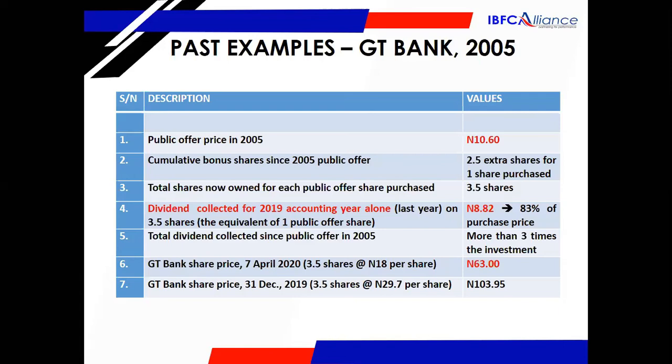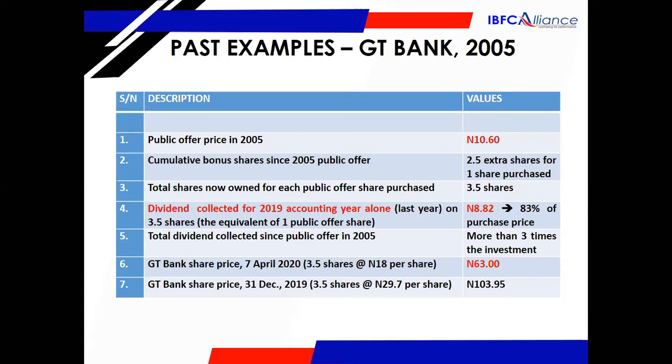Someone says, why do you think companies give out bonus shares? Does this make the price cheaper on average? Companies give out bonus shares because they don't want to pay out the money as dividend. They want to retain it.